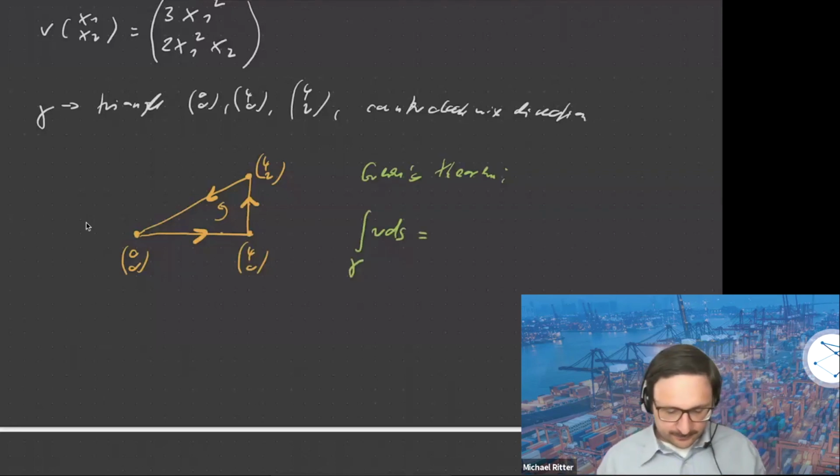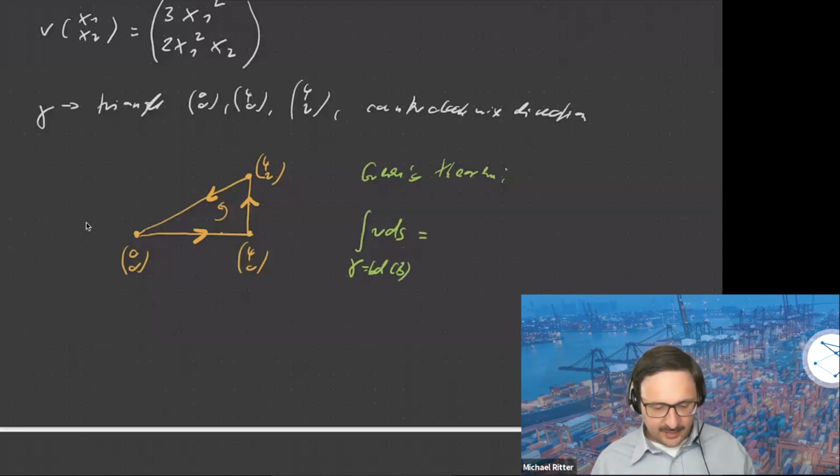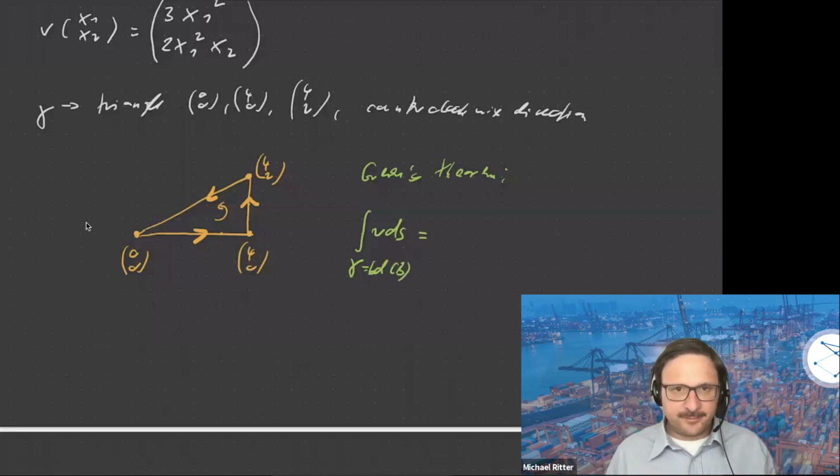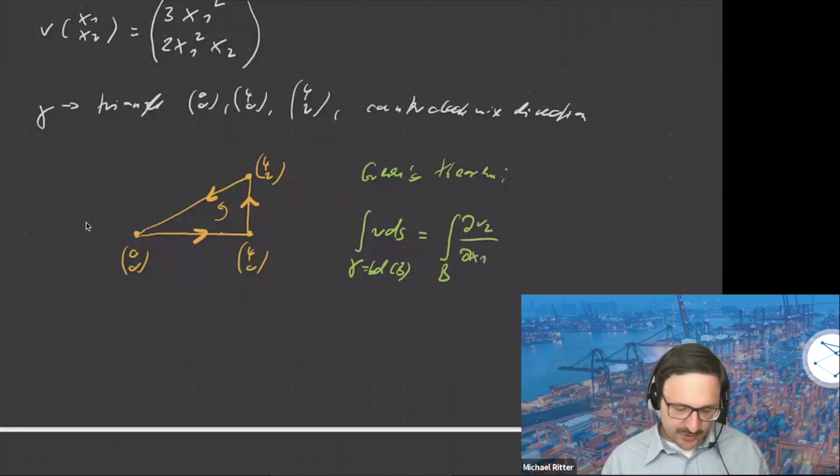Then, if this curve is the boundary of a certain set, then this is the same thing as computing the volume integral over that set of a different expression, the expression that you get by computing dv2/dx1 minus dv1/dx2, dx1 dx2.